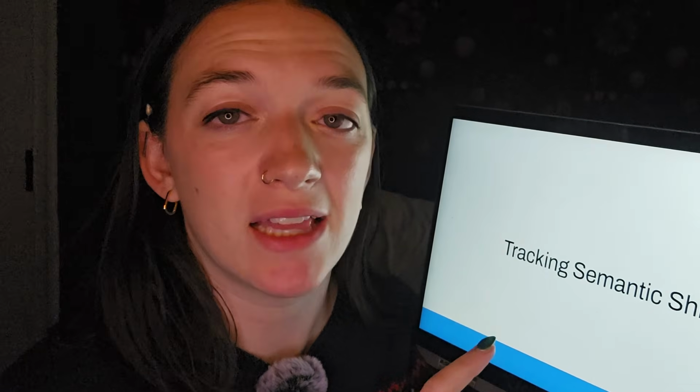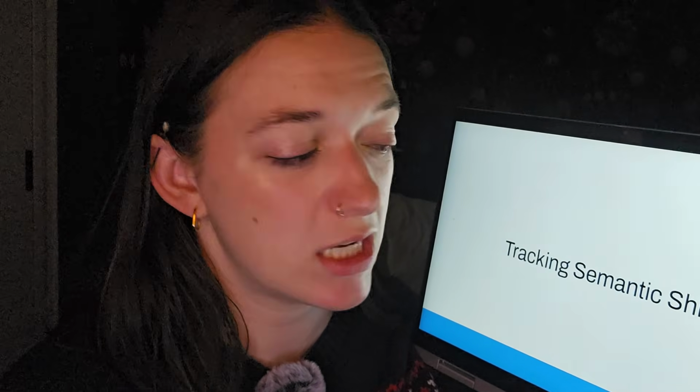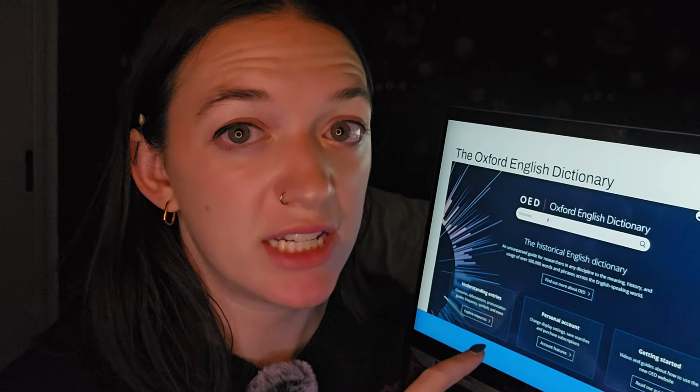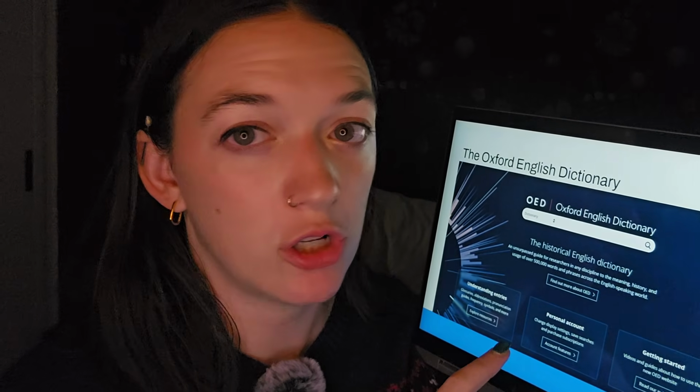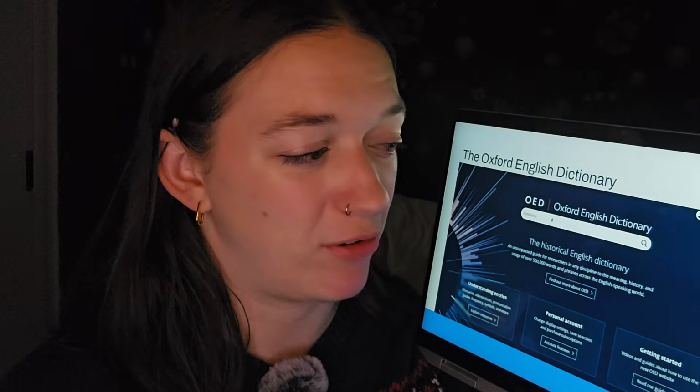Finally, the last thing I'd like to talk about is just a fun little exercise for tracking semantic shift. So if you go to the Oxford English Dictionary, they will show you all the different meanings of a word as far back as they have it recorded.